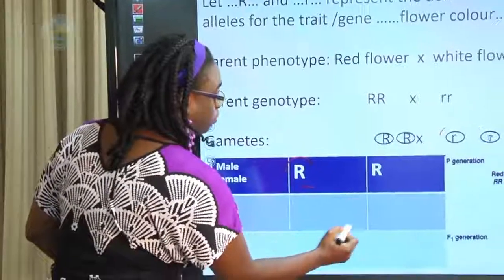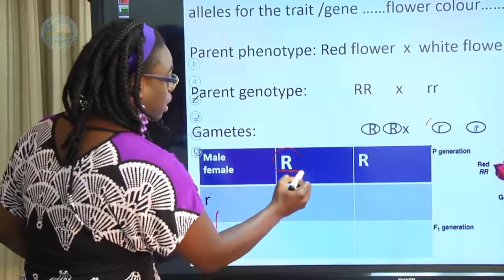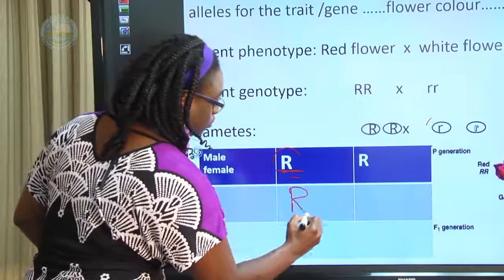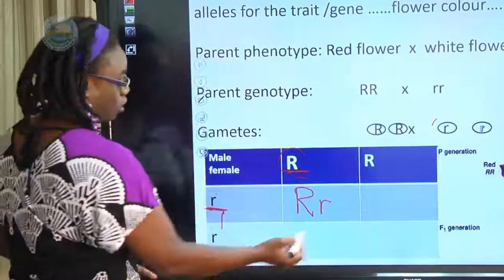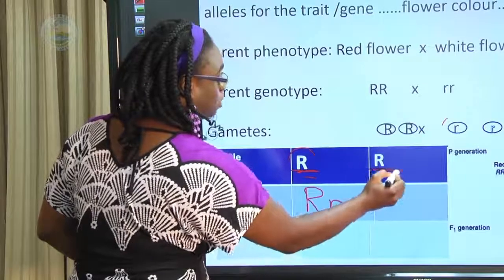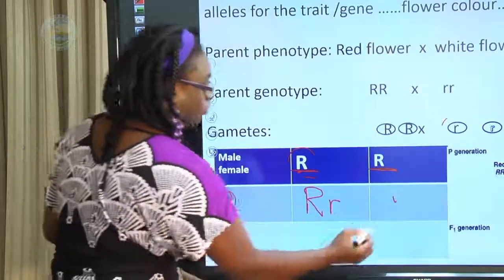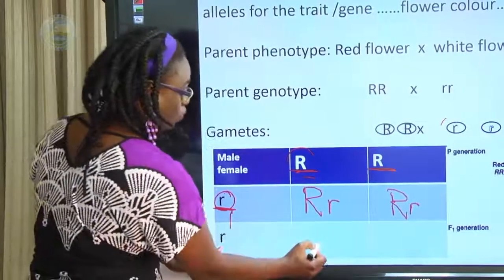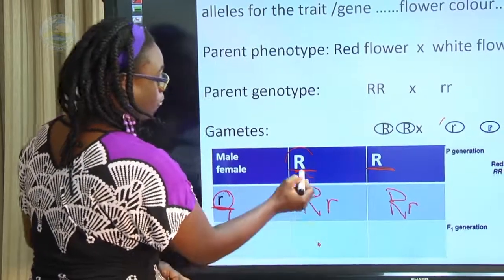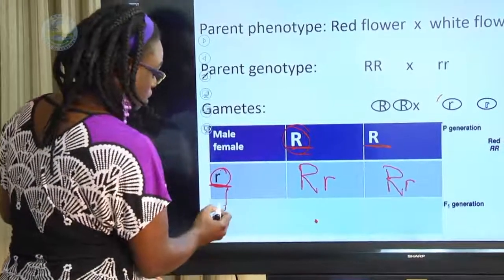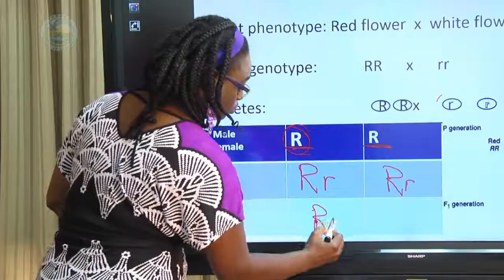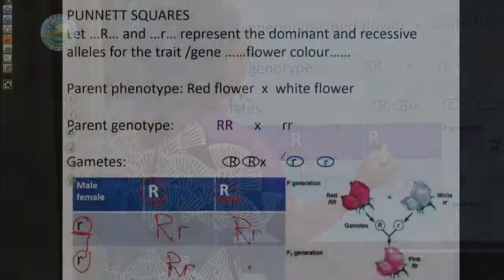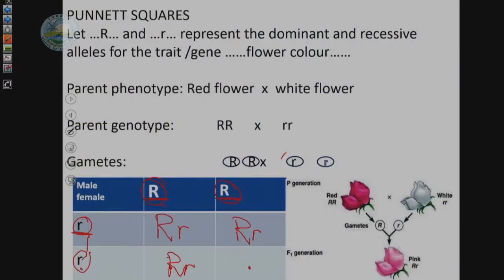So everything in this box would be a result of this capital R crossing with this common R. For this box, we are looking at this capital R with this common R. Again, we are looking at this box here, capital R and common R. Similarly, we're looking at this box here, capital R crossing with common R.